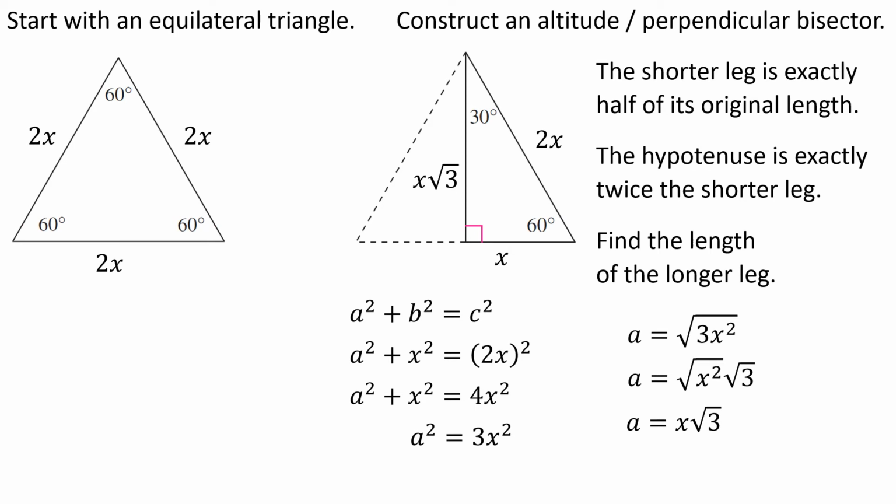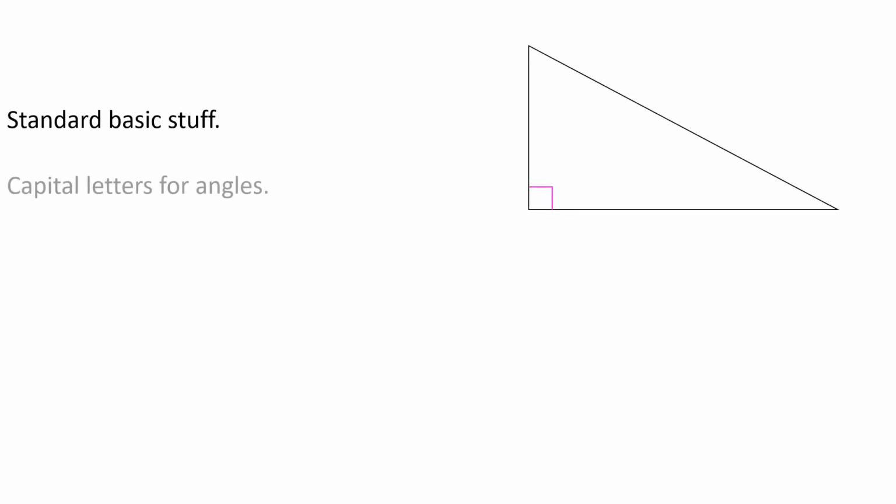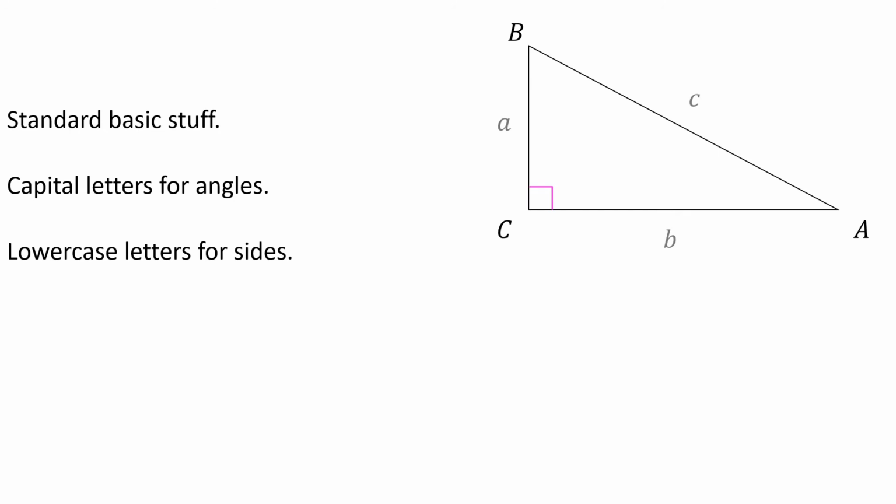If the short leg is x, the longer leg has to be x times the square root of 3.